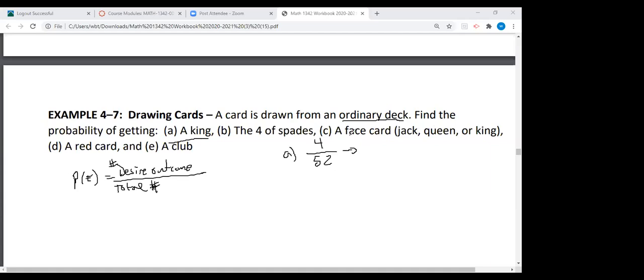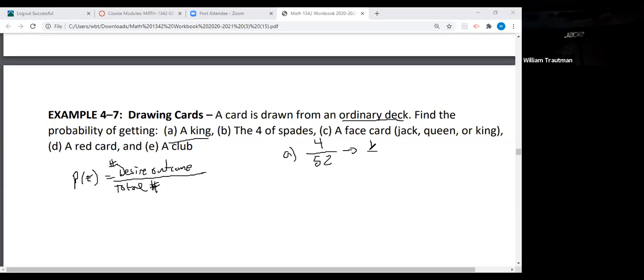It's 4 over 52. If you type in 4 over 15, it's wrong, and if you look on multiple choice, there's no 4 over 15. What's the correct answer? Anybody got their calculator handy to see how this reduces? 2 over 26. It reduces even more than that.